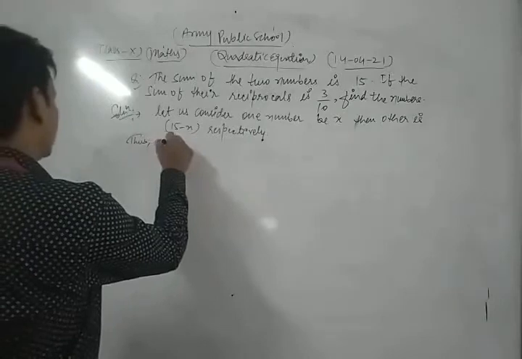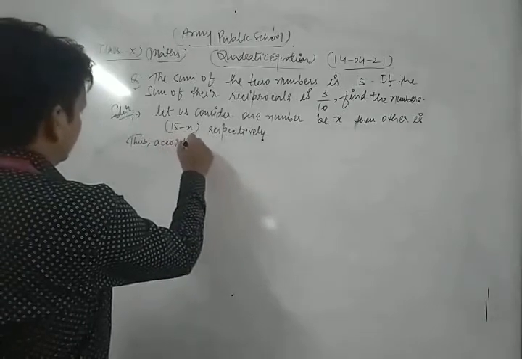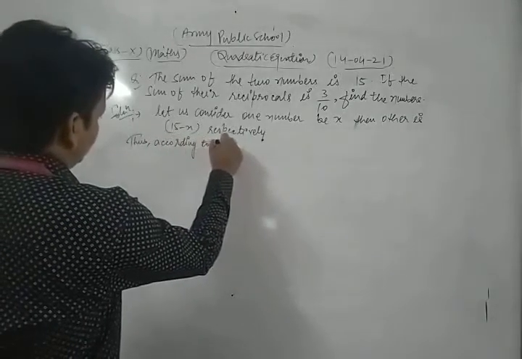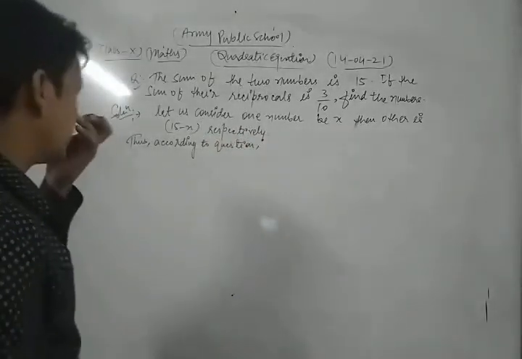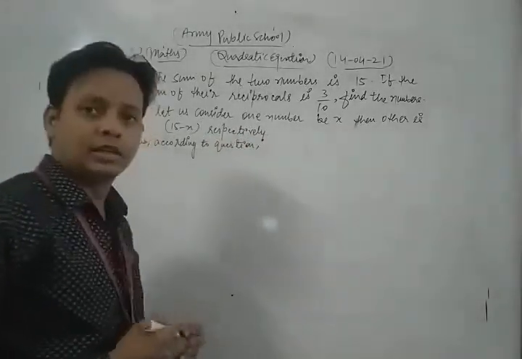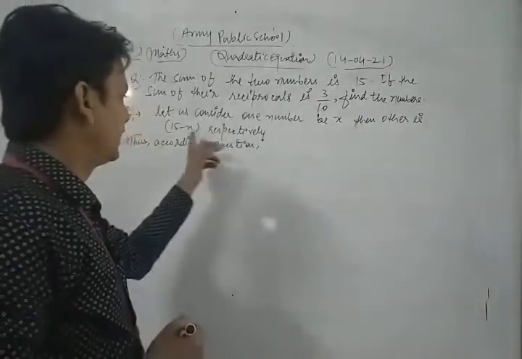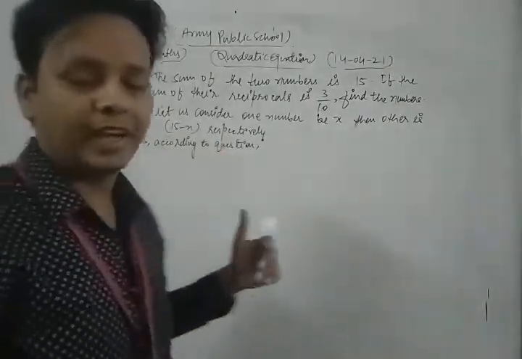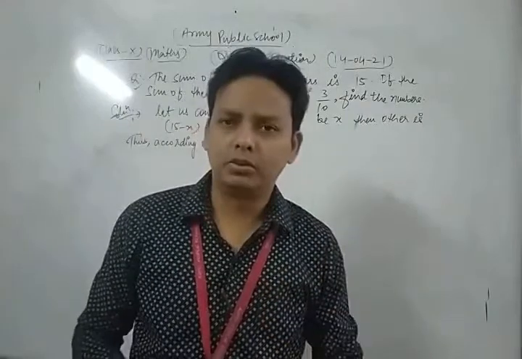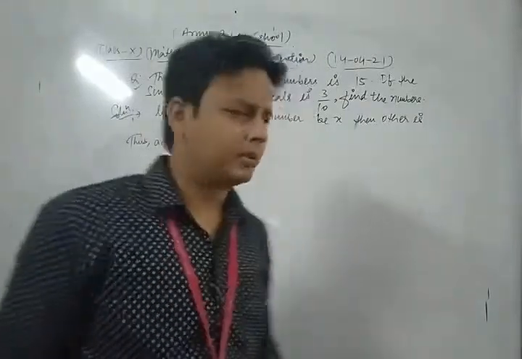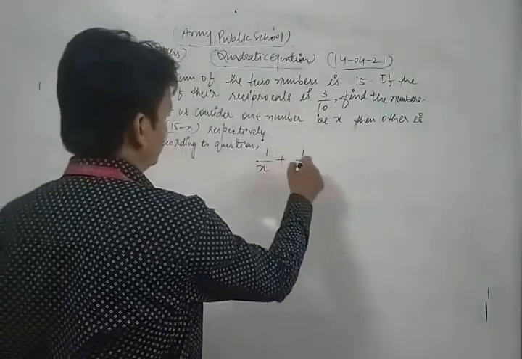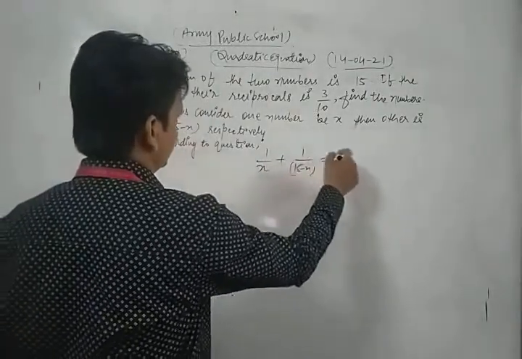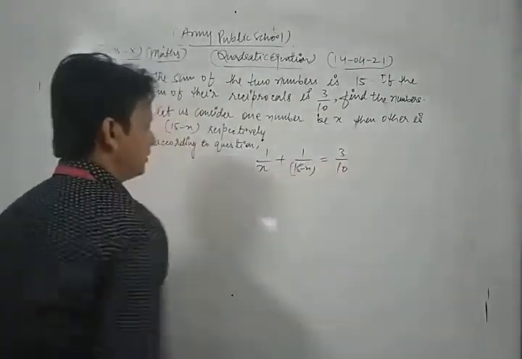According to the question, the sum of their reciprocals, here the two numbers are x and 15 minus x, means 1 upon x plus 1 upon 15 minus x is equal to 3 by 10.